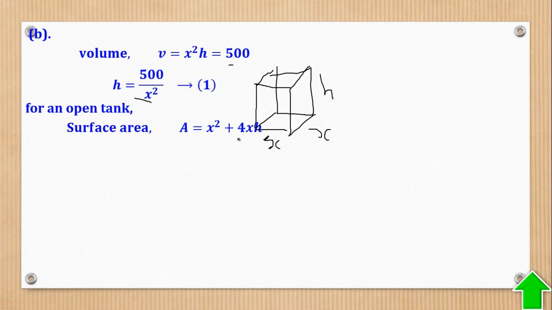So open tank means this upper part does not have metal, it is just open. So we shall only take the bottom part, which is x times x, which is x squared. Then for the other sides, there is this side, this side, the behind side, and this side. So that is why we put 4x times h.